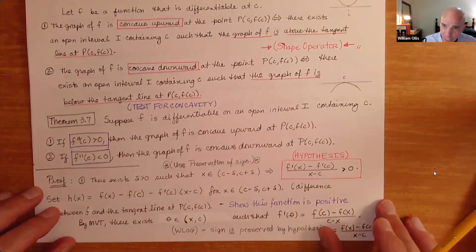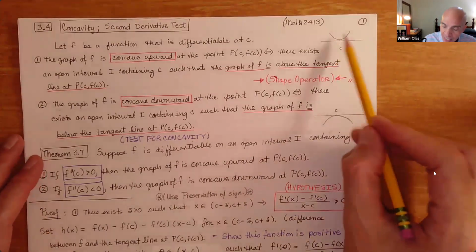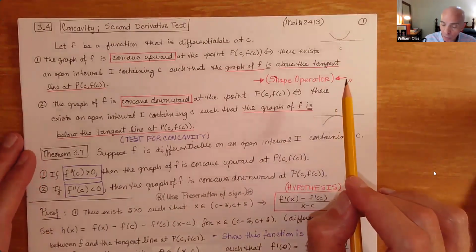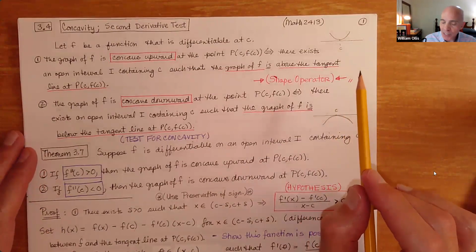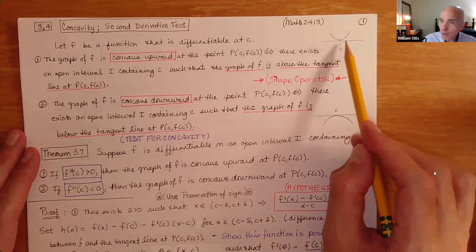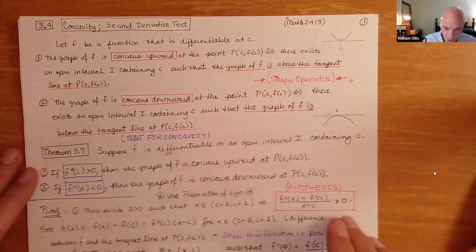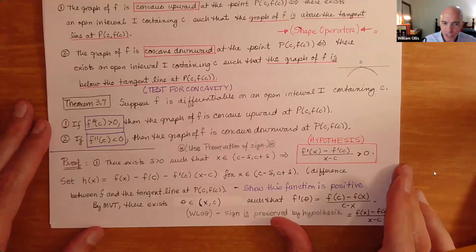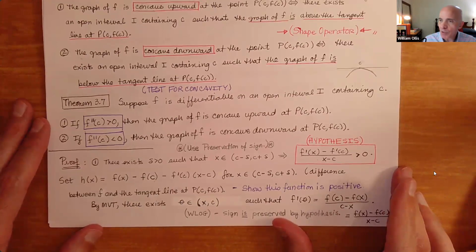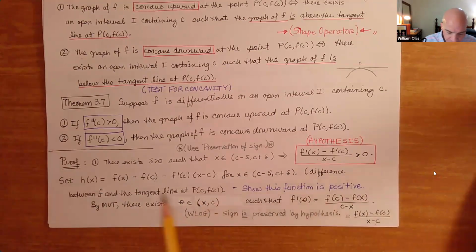So that will be our hypothesis. Now, in order to imitate what's going on here, what we want to do is to basically subtract from the function the tangent line equation. So what we've done here is something very similar to what we did with the mean value theorem. That is, we'll set h of x to be the difference between the function f and the tangent line equation.